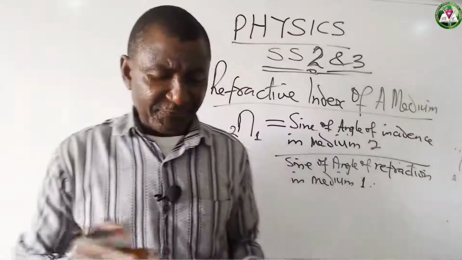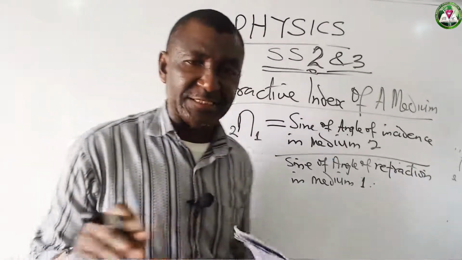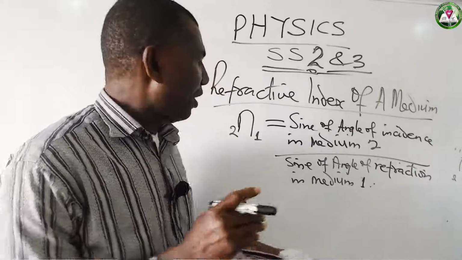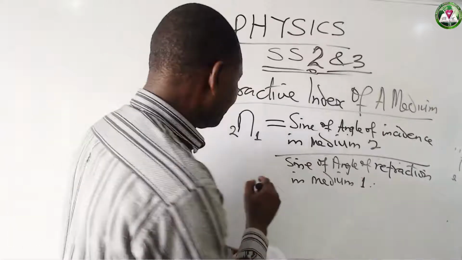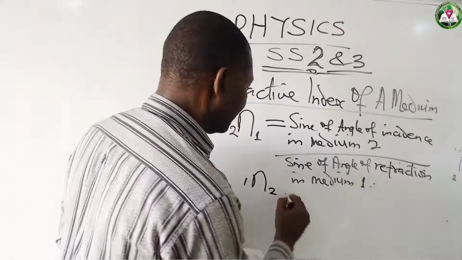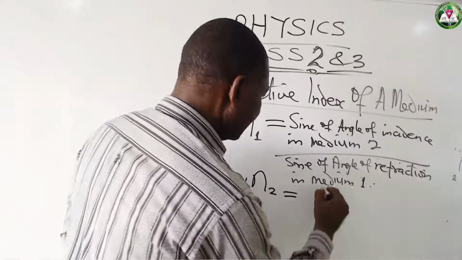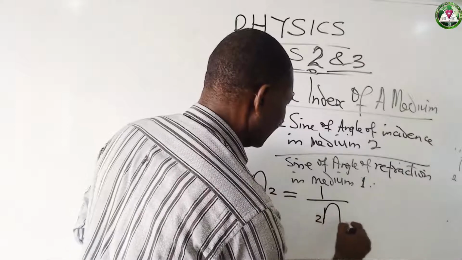So we now say that from the principle of reversibility of light, it is understood that the refractive index of 2 relative to 1 is equal to the reciprocal of the refractive index of 1 relative to 2.